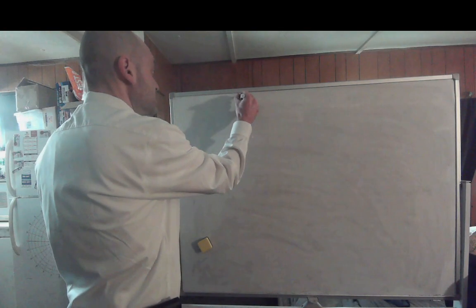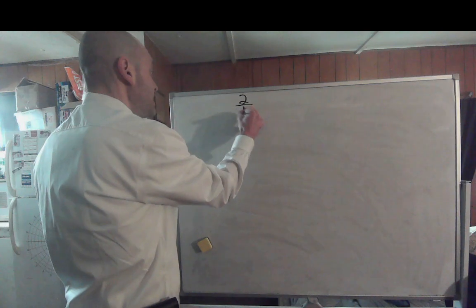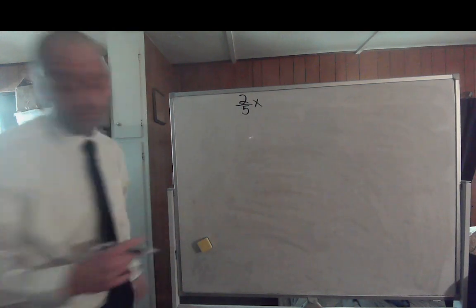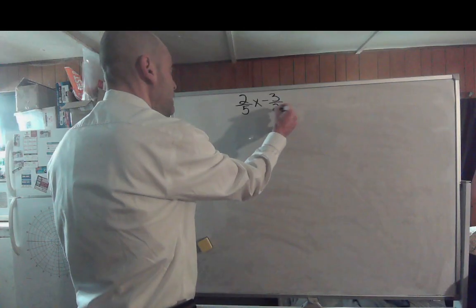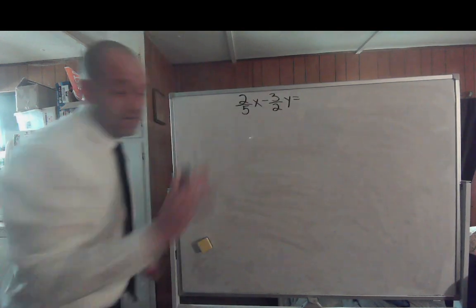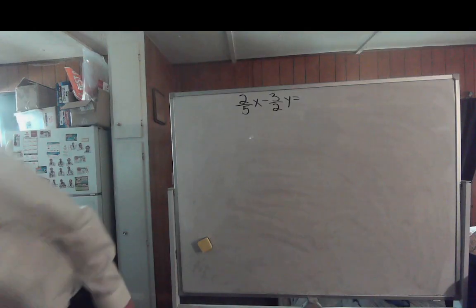All right, so those were some very basic introductory elimination ones. Let's do some fractions. So let's start with some fraction systems. We have 2/5 x minus 3/2 y is equal to 4.